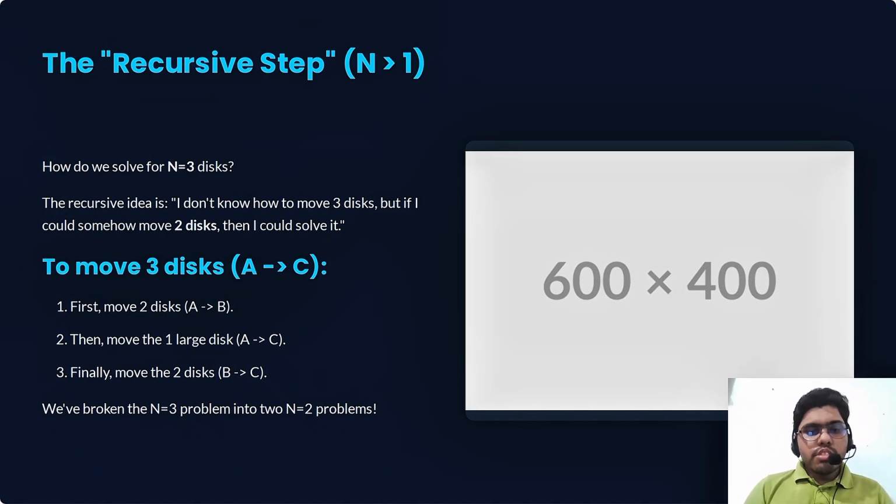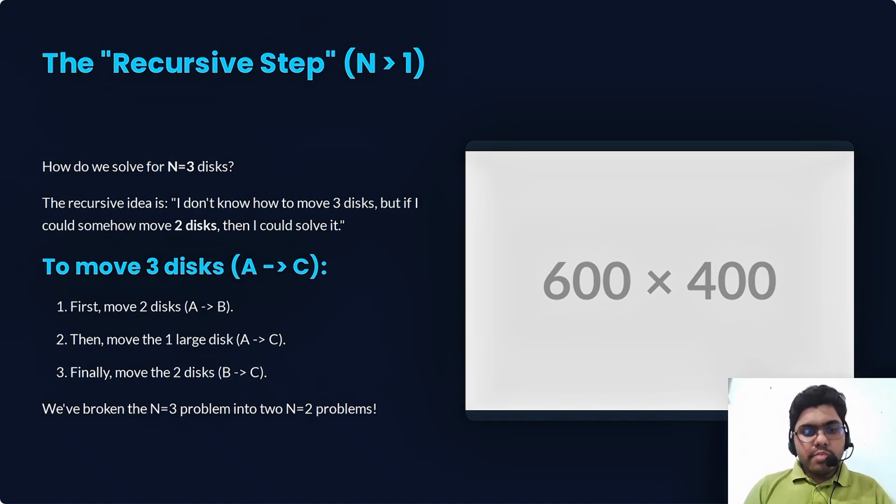We use C as the helper. Second, now the largest disk is exposed at the bottom of A. We move that one disk directly from A to C. This is easy, and it's like our base case for the biggest disk.